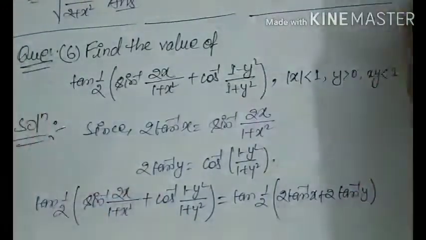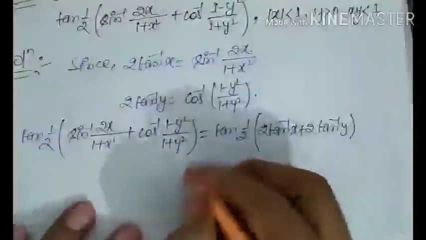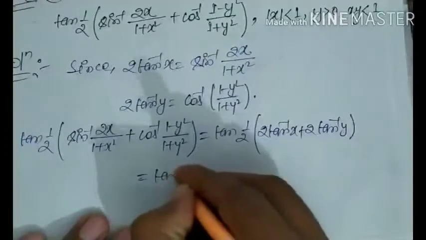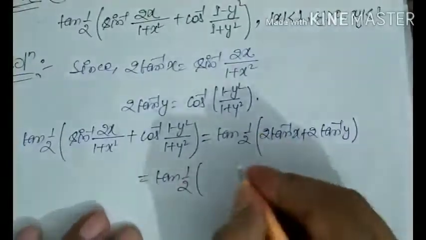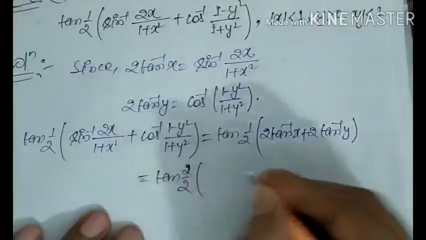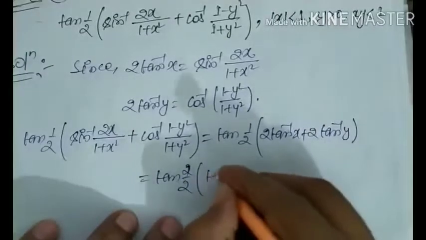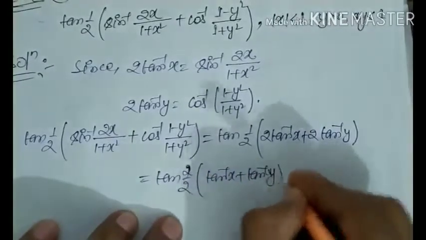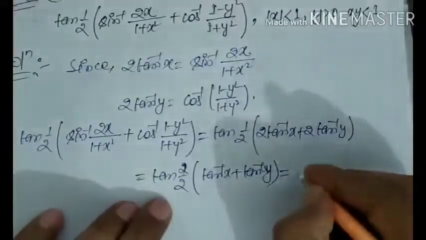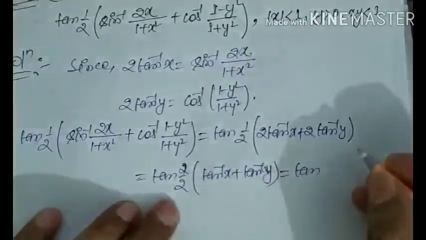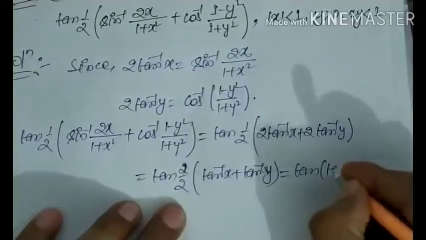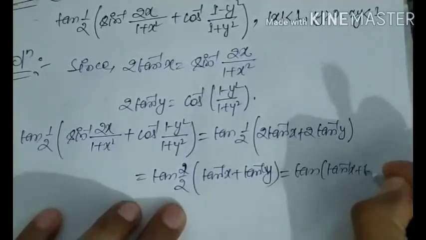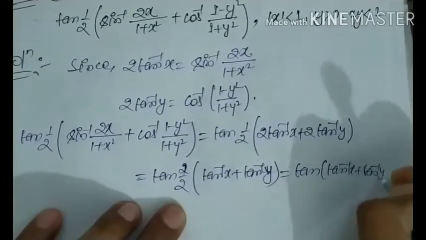Here you can write this as tan 1 by 2. I'm going to take 2 as common, then it will be 2 by 2 and tan inverse x plus tan inverse y. It will be equal to tan of 2 by 2, which is 1, times tan inverse x plus tan inverse y.